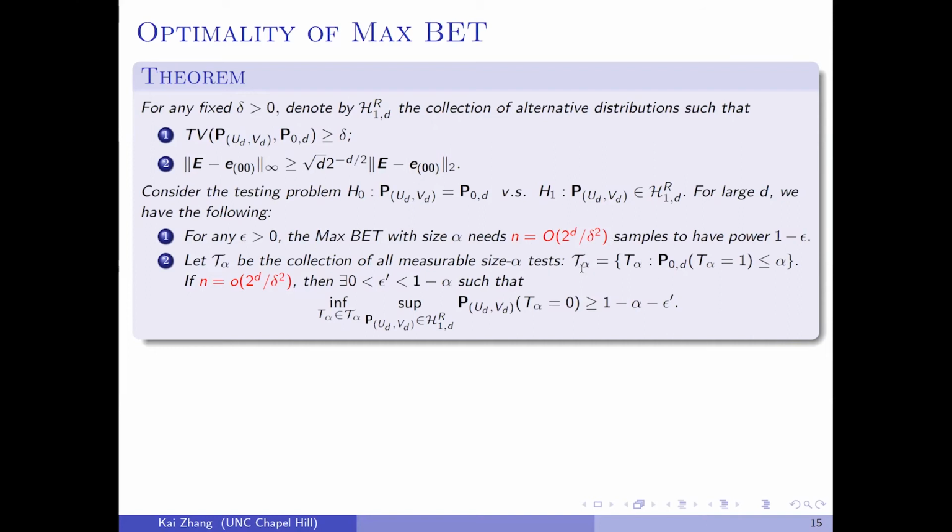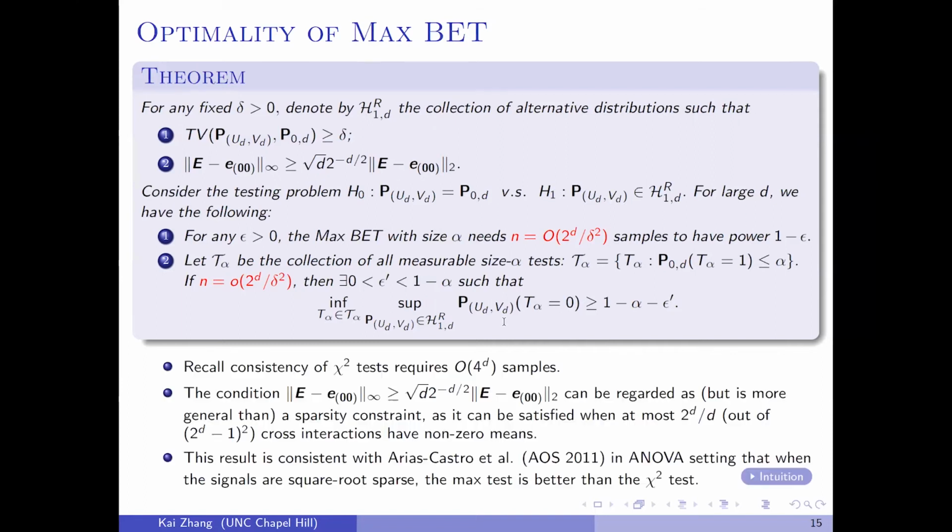On the other hand, if the sample size grows at any slower rate, if you change the big O to little o, then for any test you can think about, there exist some alternatives such that the power is strictly bounded away from 1. So in this sense, this rate of sample size requirement is minimax optimal, and the max BET attains this optimal rate.